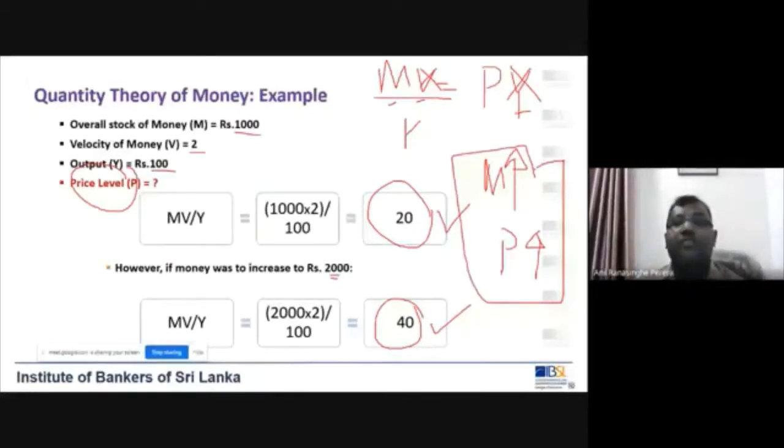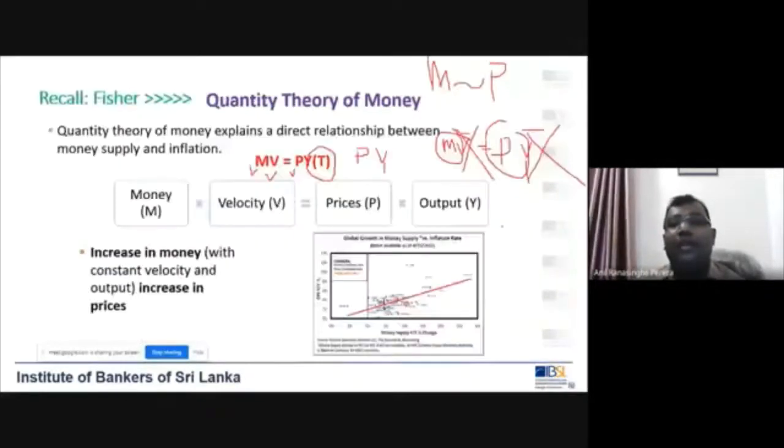Now in this chart, I have data from actual countries. On this axis, I have inflation data. CPI means inflation. On this axis, I have money supply data. Both are growth rates. These are dots. This is a scatter plot.